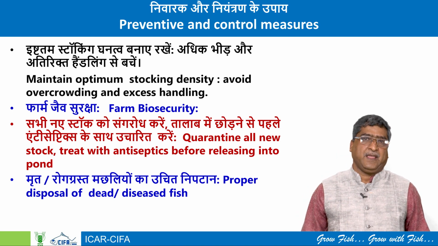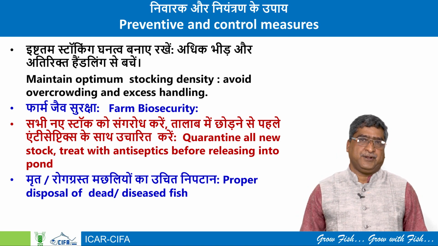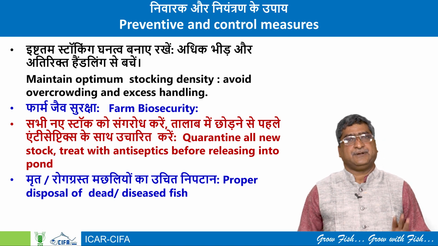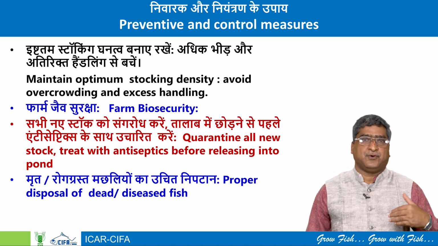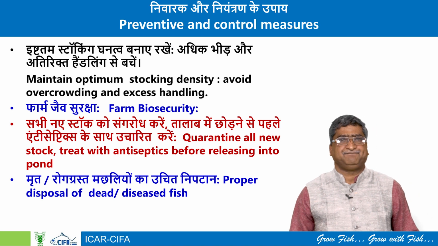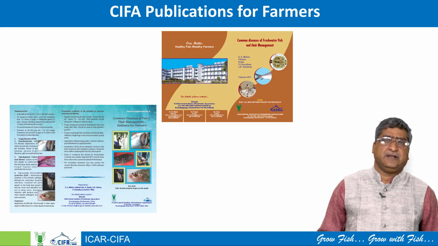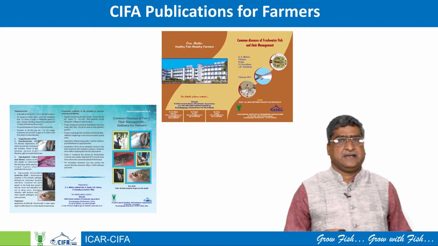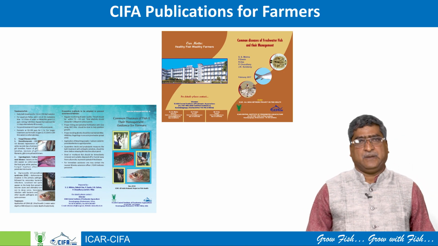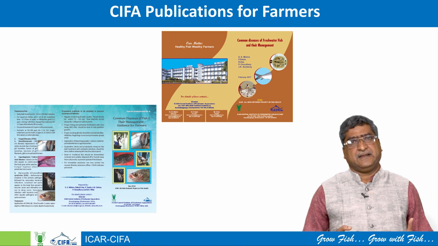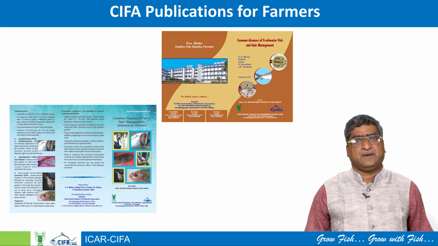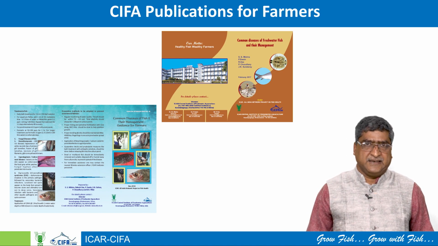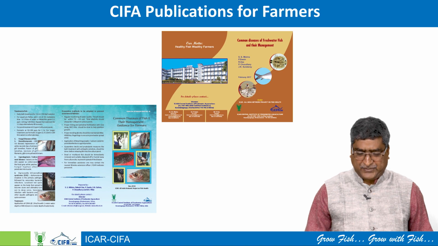You should put them in a deep pit, and also throw them away from the farm site. And we have got different SIFA books, bulletins and leaflets for the different diseases and how to manage them. We will send the link for these bulletins for your use.